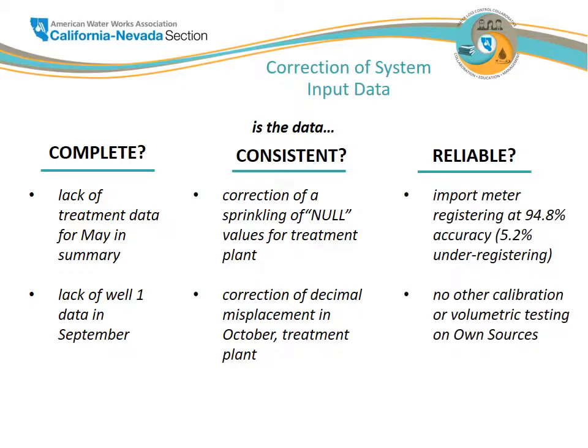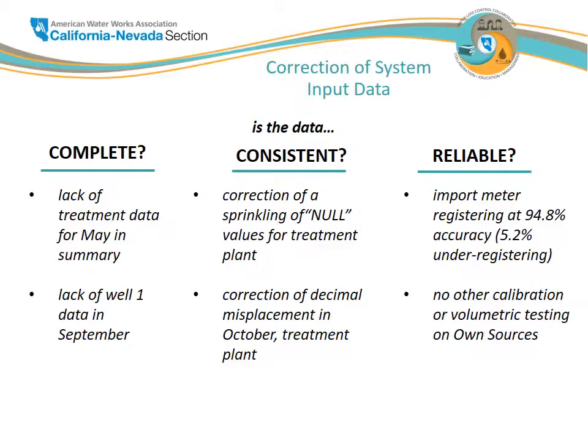Lastly, I want to understand, is my data reliable? Is it actually accurate? And with some digging, I understand that no, in fact, one of my bigger import volumes, that purchased water volume, that meter has been known and is recently tested to be under registering by a significant amount. So I want to correct for that volume.